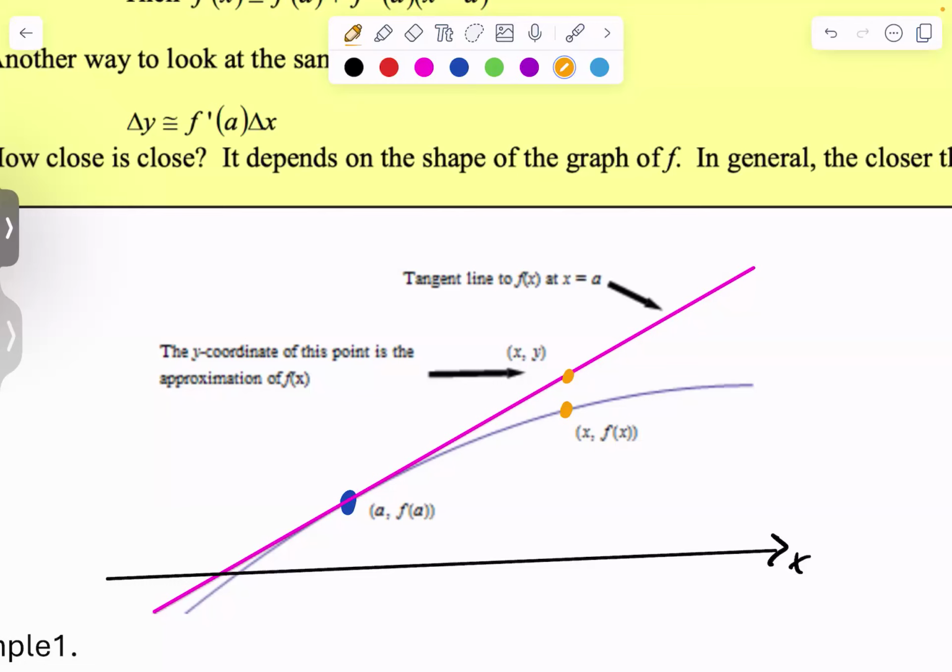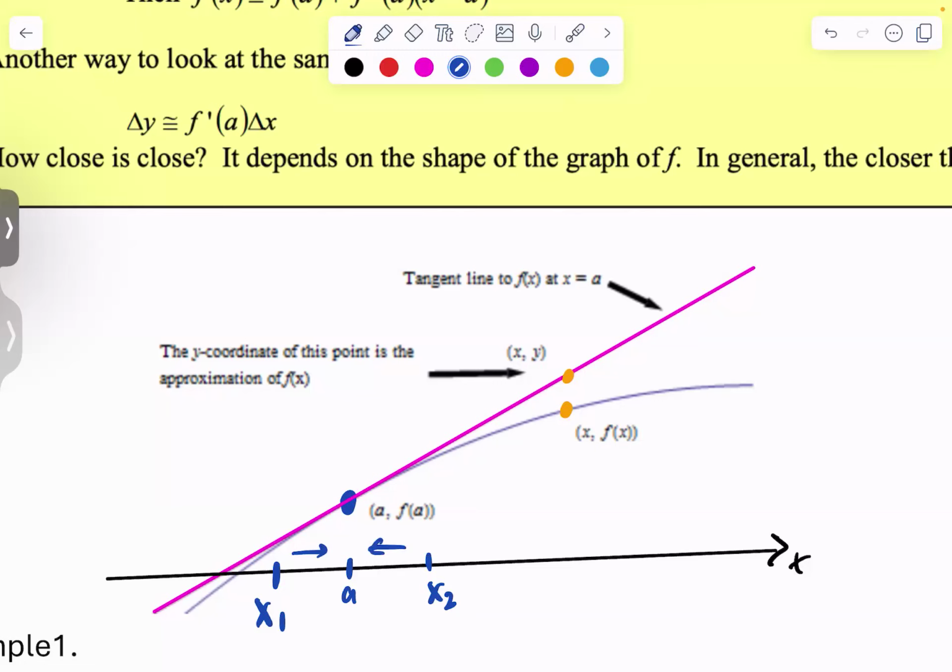The point is, we want to be able to use this line for specific values of x, and we have a very limited set of boundaries where that pink line is going to actually represent the blue curve. And ideally, of course, the closer we are to a, the more accurate that line is.